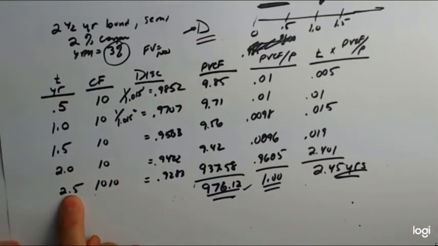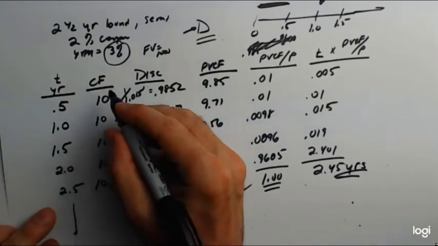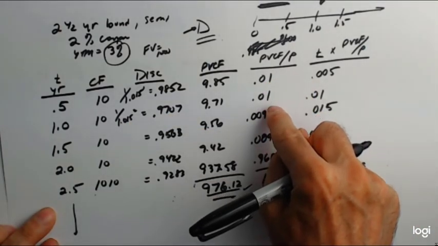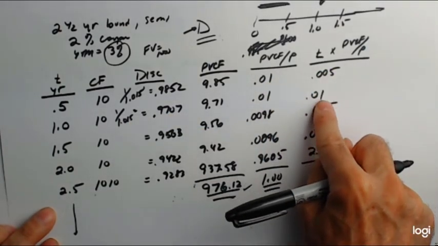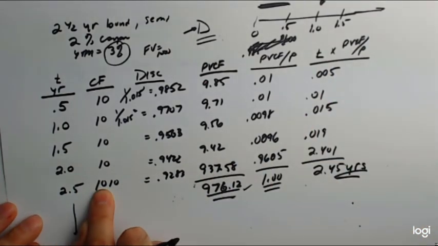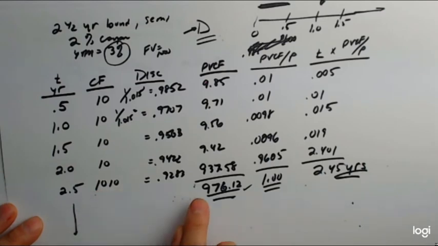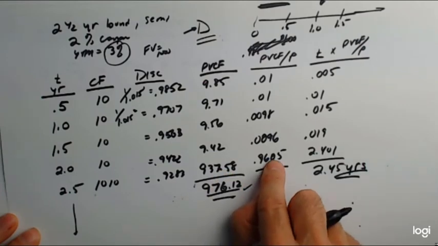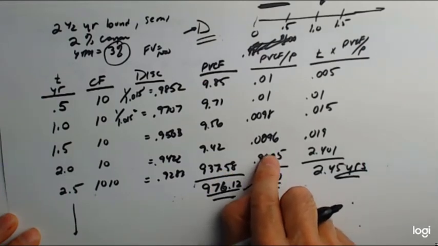Imagine you had a 2.5-year zero where all you had was one cash flow. All these cash flows were zero, so all these present values were zero, and the weights here are all zero. There's only one cash flow, matures for 1,000. So the present value of that cash flow is going to be the price of the bond. The entire weight, 1, will be on this single cash flow.